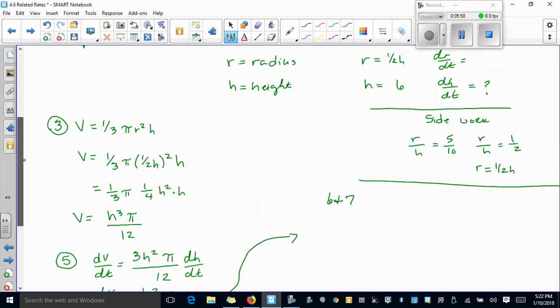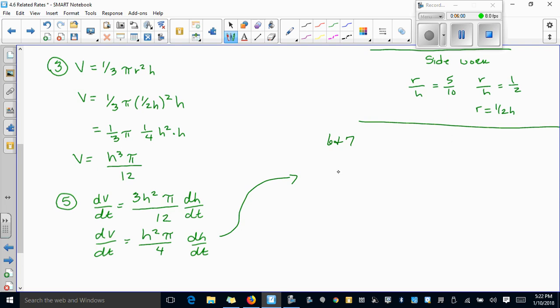So this gives us 9 equals 36 pi over 4 dH dt. So this gives us 9 equals 9 pi dH dt. And yes, if you're using a calculator, you could have just thrown it all into the calculator at once.